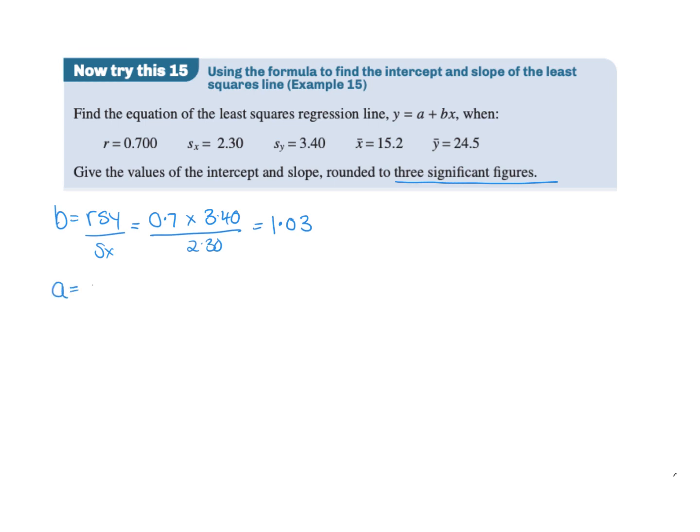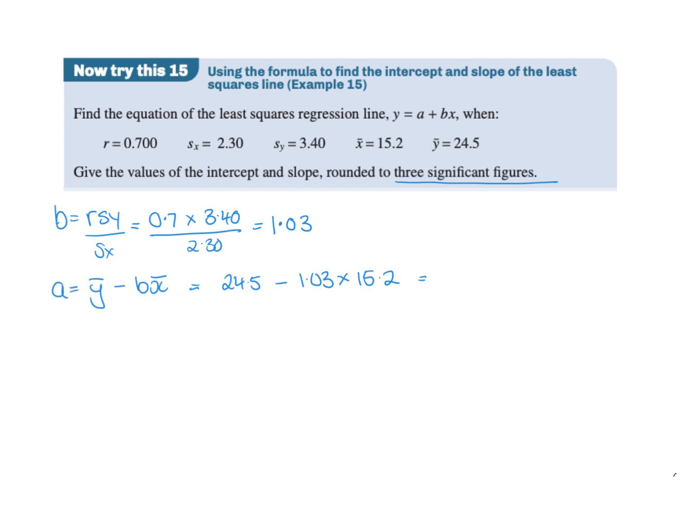So the A is that formula. So off I go, get that data. So it's 24.5 minus B, 1.03 times the mean of X, which is 15.2. If your B value is negative and you're going to say minus a minus, what do you think it'll turn into?